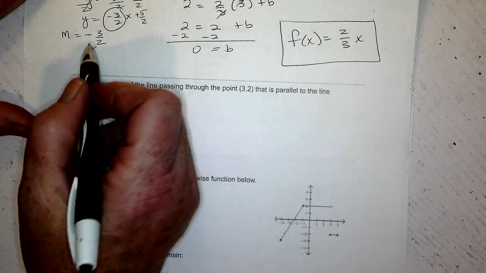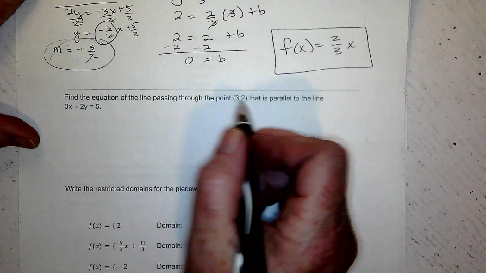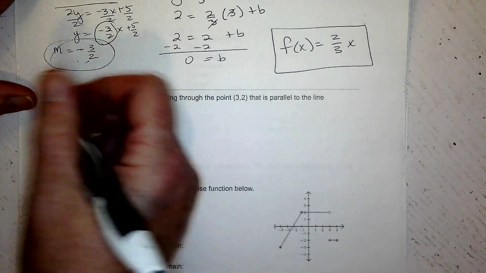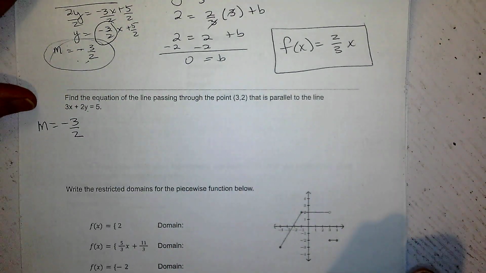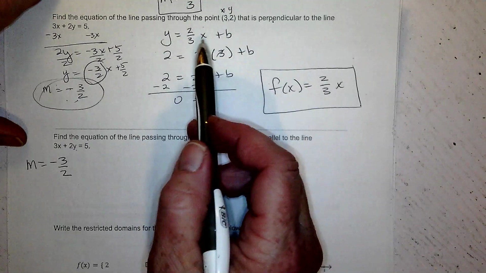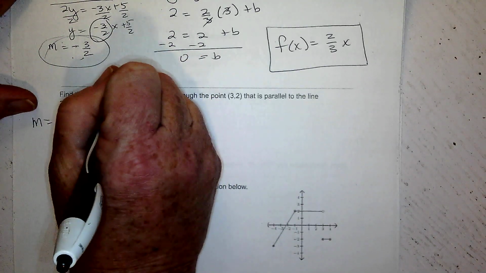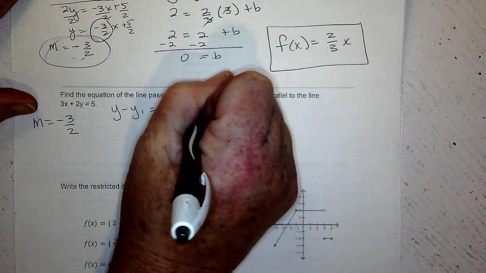And then the next one, well, we already know that the slope for the original line is negative 3 halves. The slope for a parallel line going through that same point has to be the same slope. This one's not going to be as nice as this one, so I'm going to go ahead and do my point slope. So y minus y sub 1 is equal to m times x minus x sub 1.